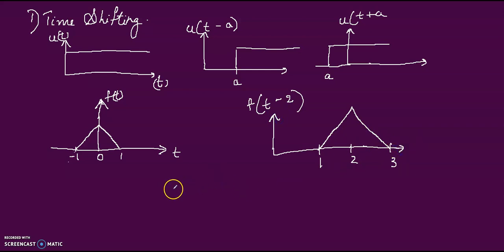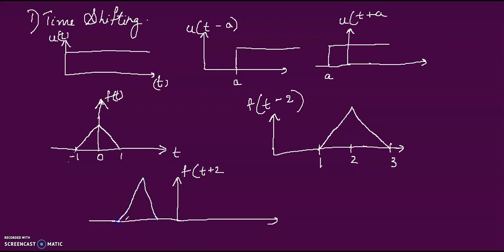And if we want to draw f of t plus 2, then we have to shift this signal to the left by 2 units. Then we will get it as -1, -2 and -3.